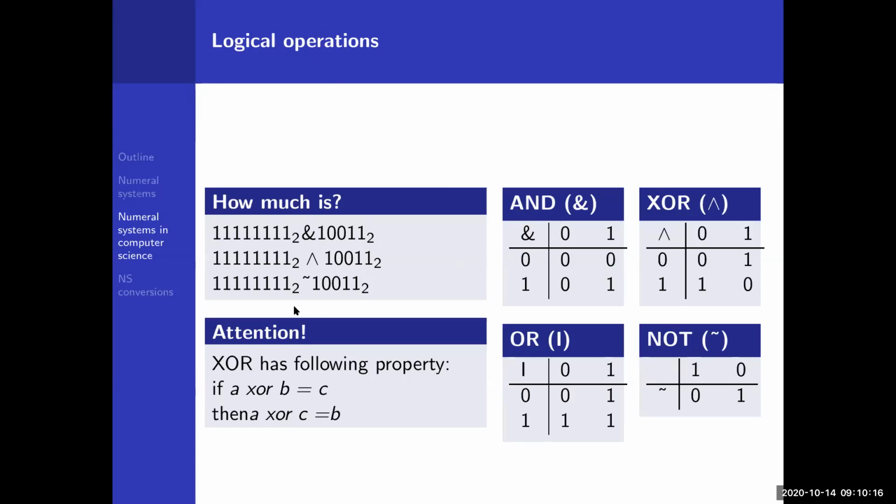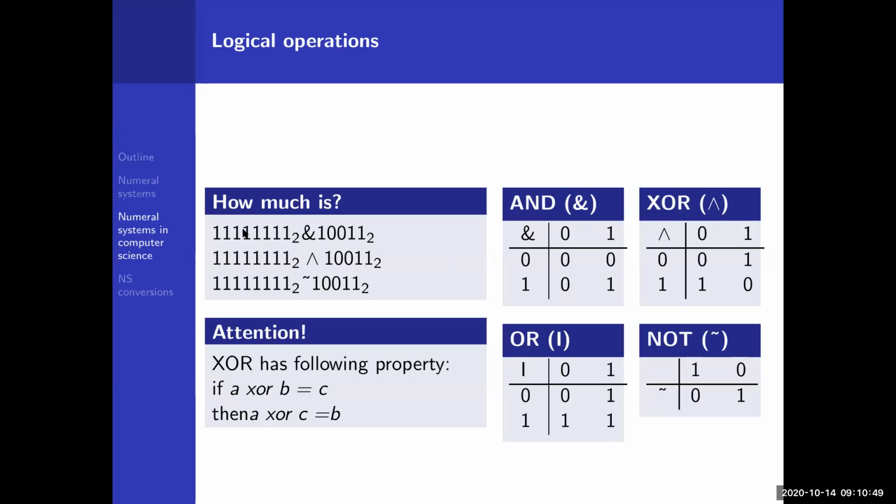So how are bit operations performed? Look, in C and C++, they are denoted like this. AND is denoted as ampersand, XOR as hat, and OR as bar.